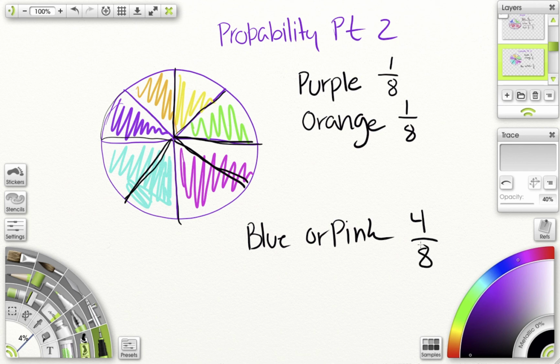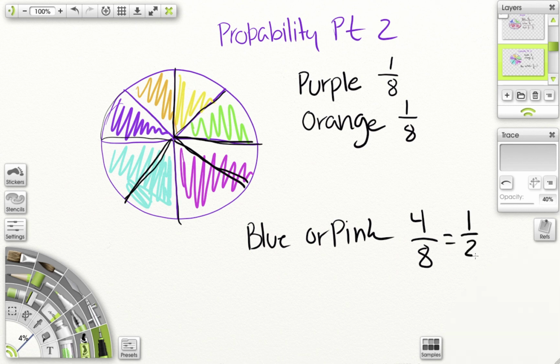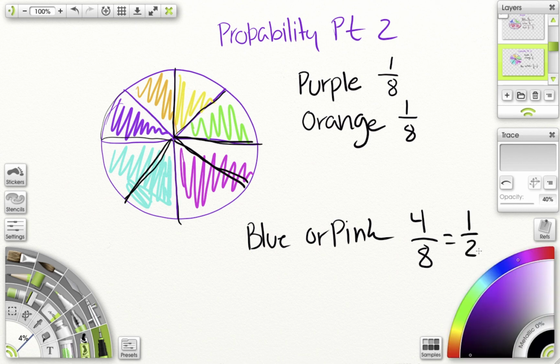So I have a much better likelihood of landing on blue or pink because they take up bigger spots of the circle and because I have 2 different colors I can land on instead of just 1. So I have 4 in 8 chances, or if I put this into a simpler term, it's 1/2. So if I spin the circle twice, one of those I should land on blue or pink.